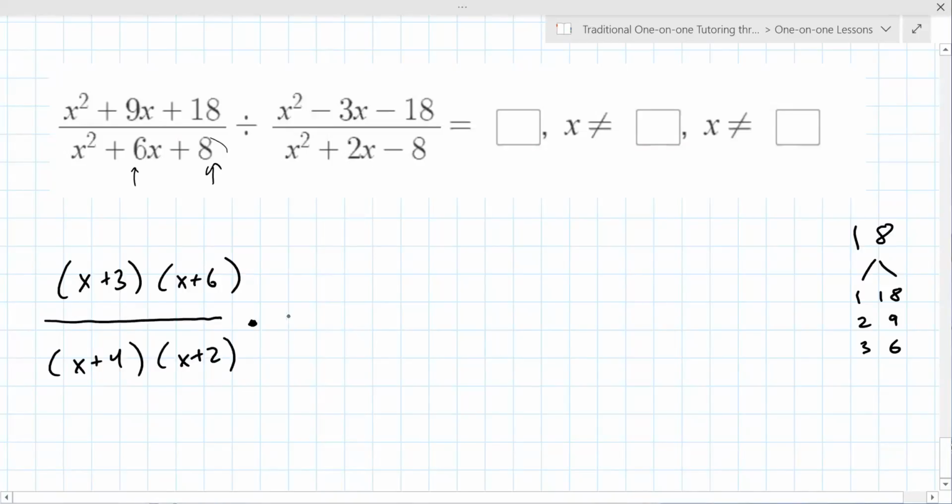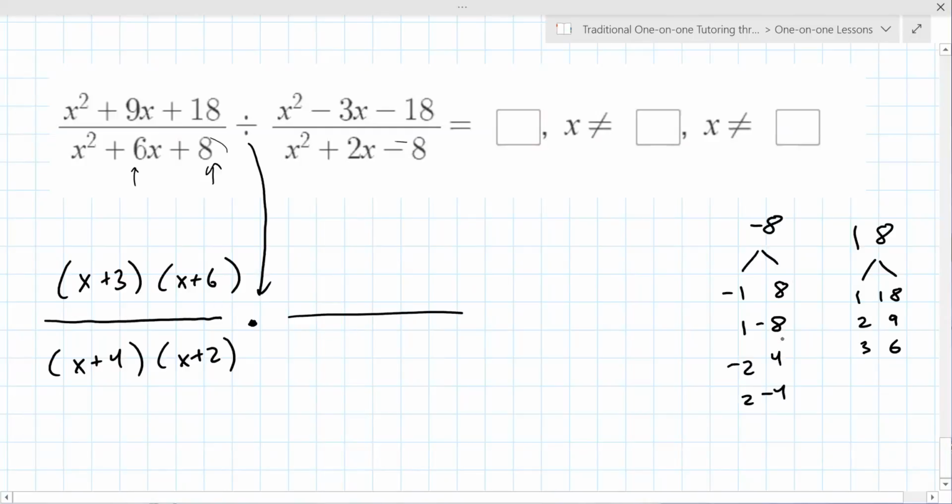Now, we're going to flip these on the right. So now it's negative 8. I'm going to do this one on the bottom first because it goes up top. And we want positive 2. So it could be negative 1 and 8, 1 and negative 8, negative 2 and 4, 2 and negative 4. Do any of these add up to positive 2?